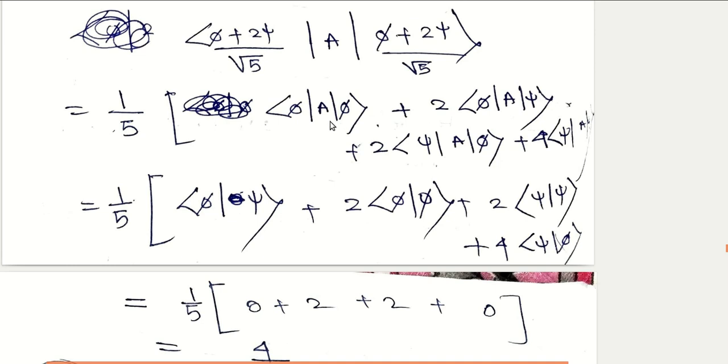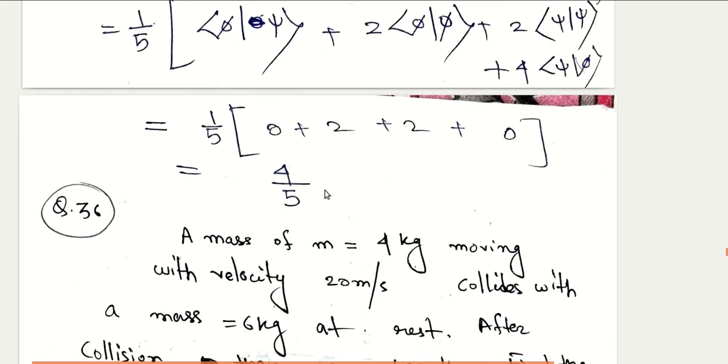You know from the property that A phi is psi, so this gives phi psi, and A psi is phi, so this gives phi phi plus 2 into psi psi, and this gives 4 psi phi, which is equal to 0 because they are orthonormal. The other two are each equal to 1, so this will give you 4. So 4 by 5 will be the option.